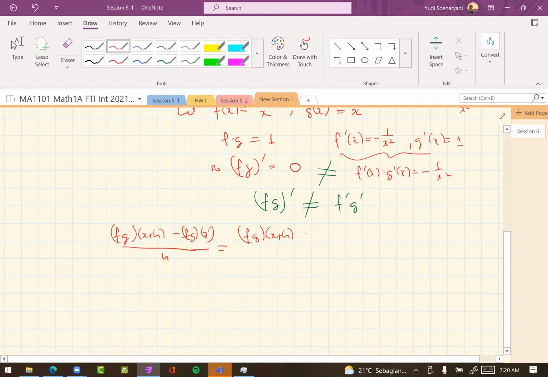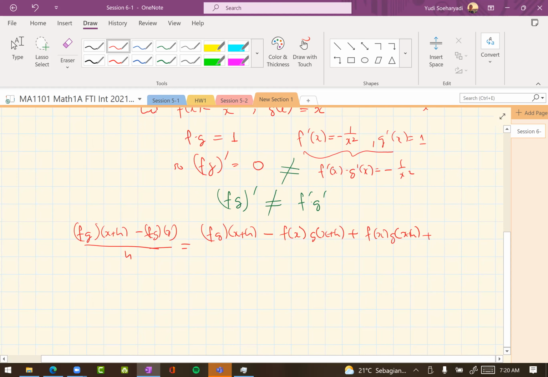We have f of x plus h times g of x plus h. You subtract f of x times g of x plus h, and then you add it back. So basically you add nothing, because once you subtract, then you add them. And this is 1 over h.